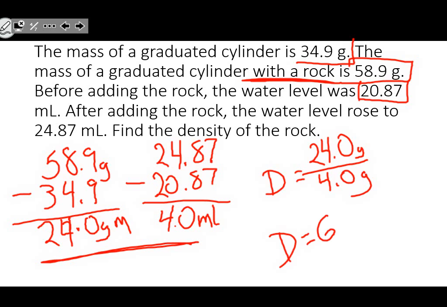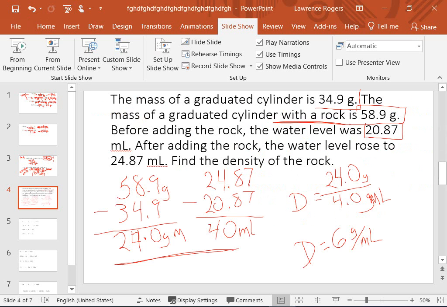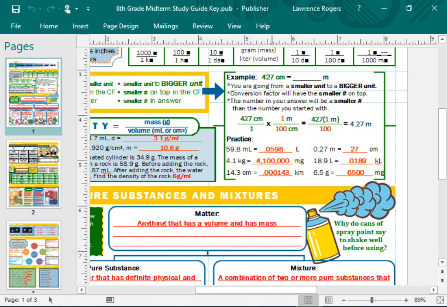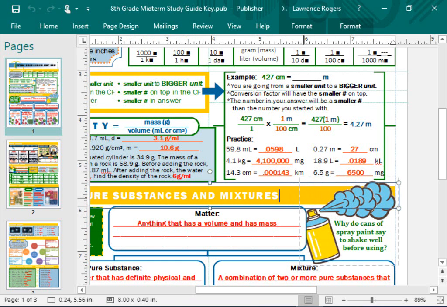Density equals 6. Whoops, 4 milliliters, not 4 grams there, sorry. Grams per milliliter. So those are our potential unit conversions and volume, or density, sorry. All right, so we got all those done.